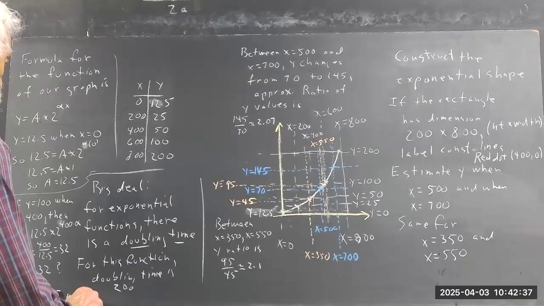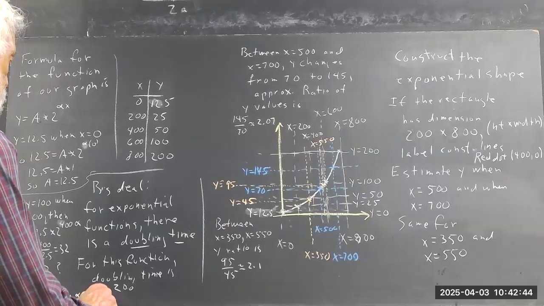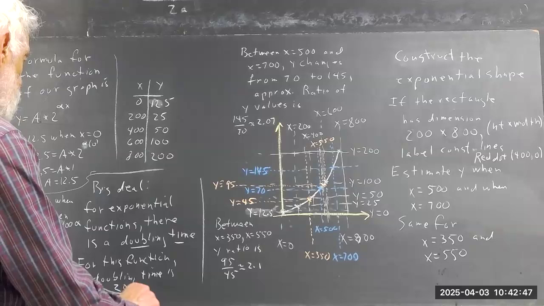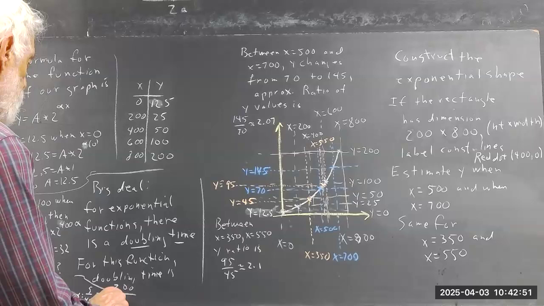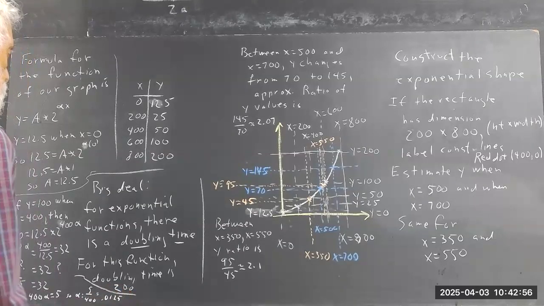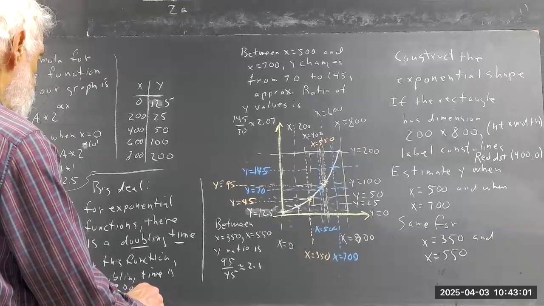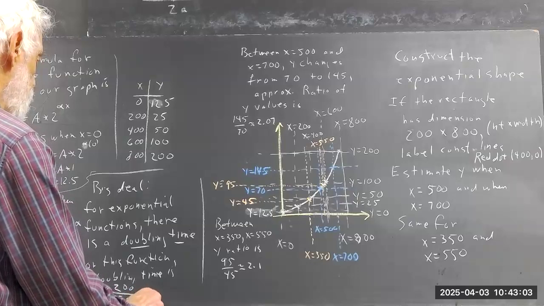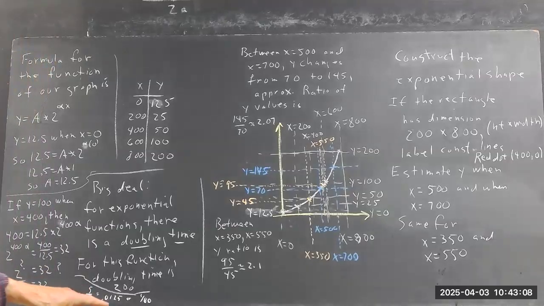So alpha equals 5 over 400. You can reduce this fraction to 1 over 80. In decimal form, that's 0.0125.